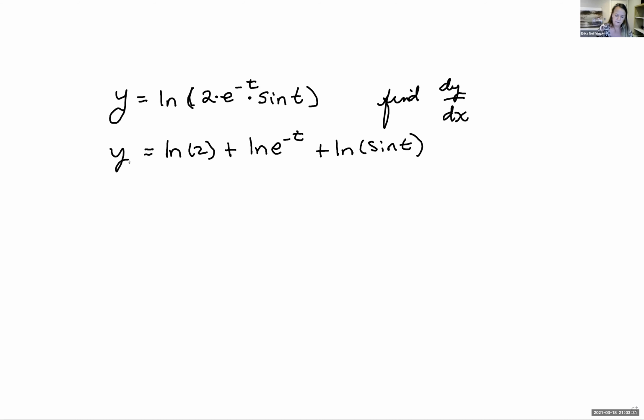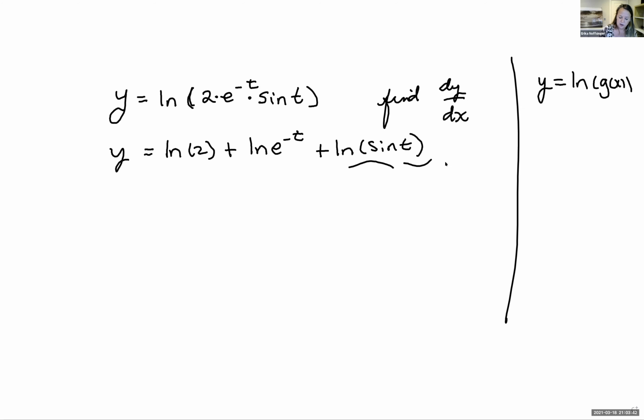And just a reminder, if we had y equals the natural log of some function g of x, which in the case we do here, natural log of sine of t, that would be g of t.